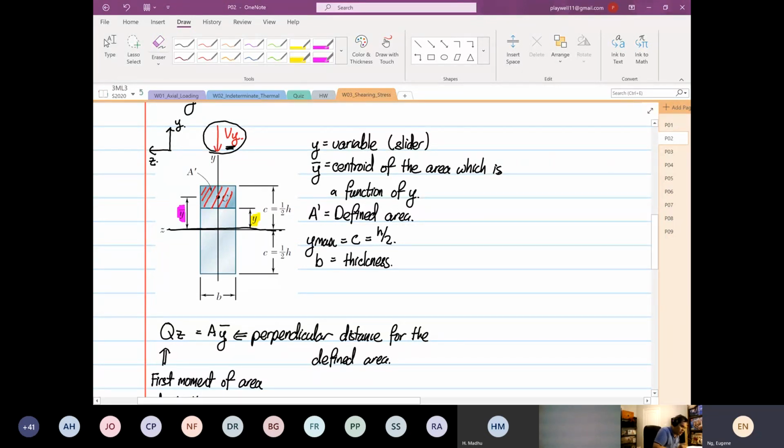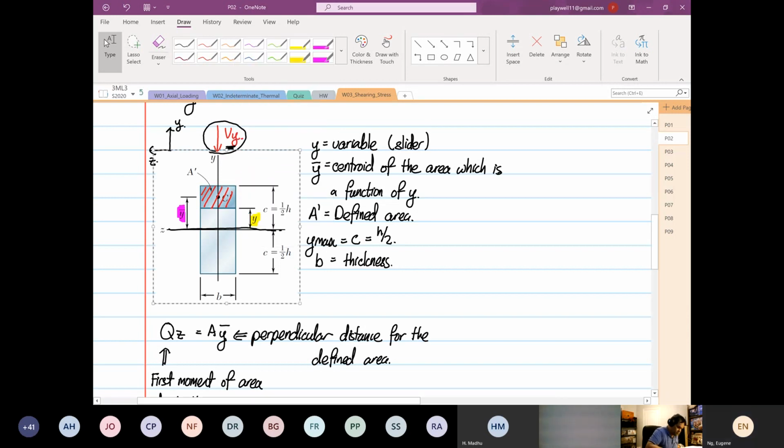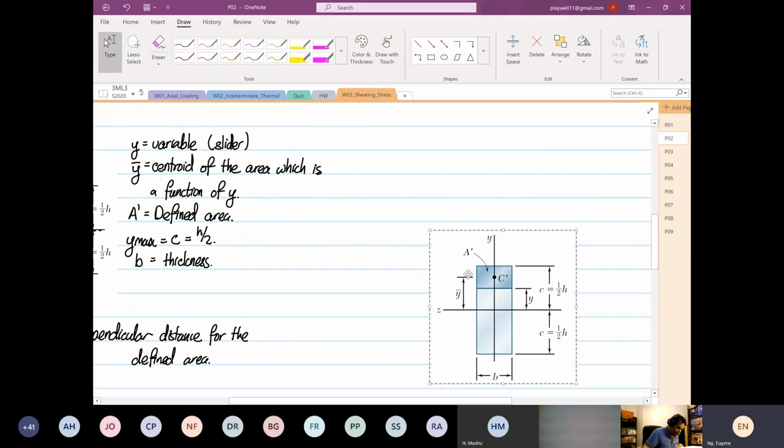Now I'm going to do something different. I'm going to get the shear force now to be acting in the Z direction. So copy, bring it this side, right? Okay.